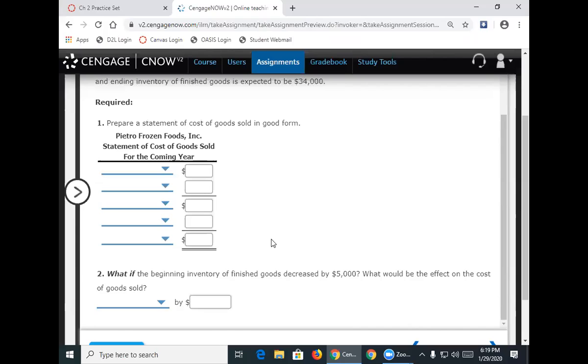So with finished goods, we are going to start with the beginning balance, just like we did on the other two, and have an ending balance. The cost of goods manufactured is what gets debited. It flows into finished goods. So when all of these get finished, they go into the finished goods inventory account.